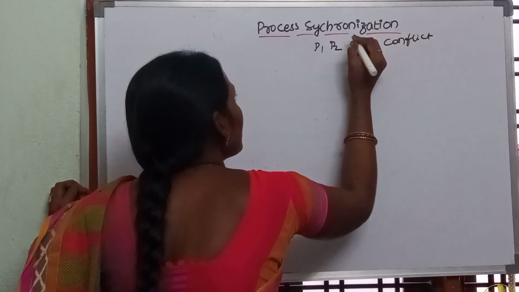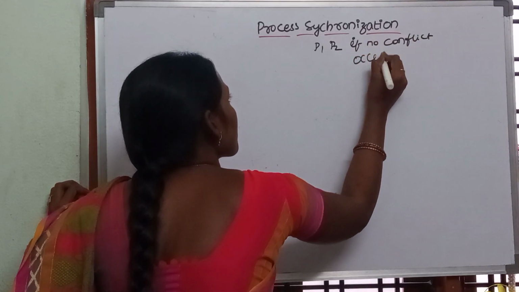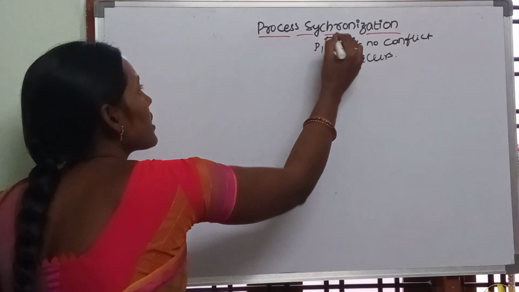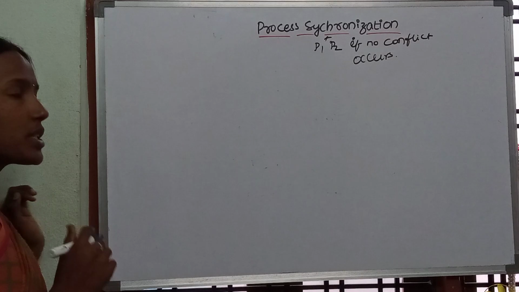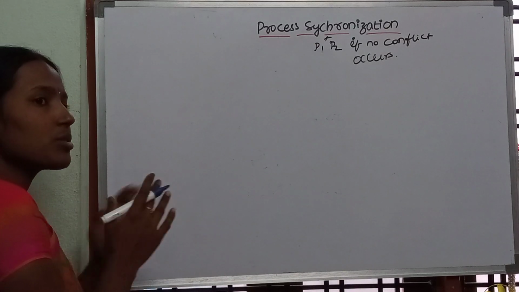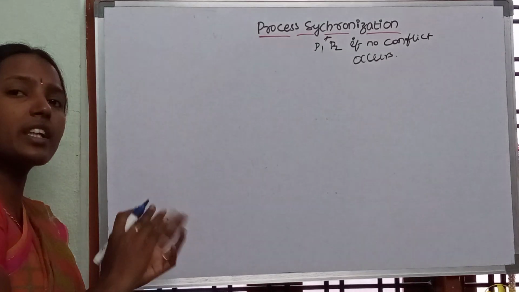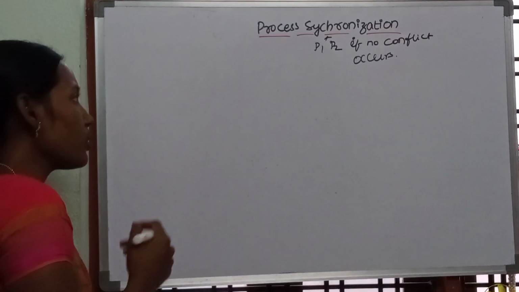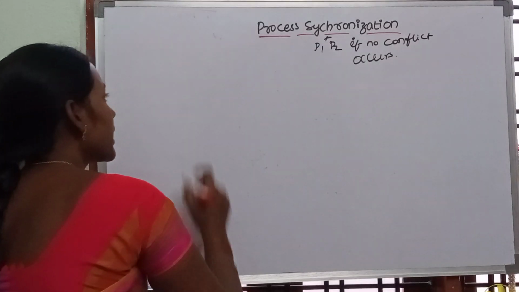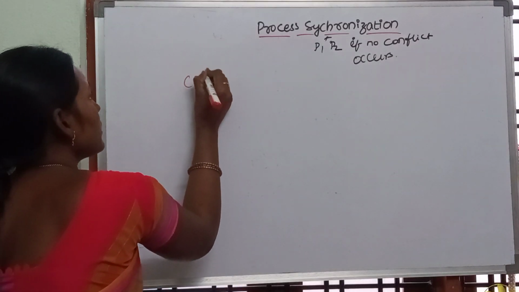We should make sure P1 and P2 do not have conflicts with each other, so to avoid the conflict between P1 and P2, we have the critical section concept.